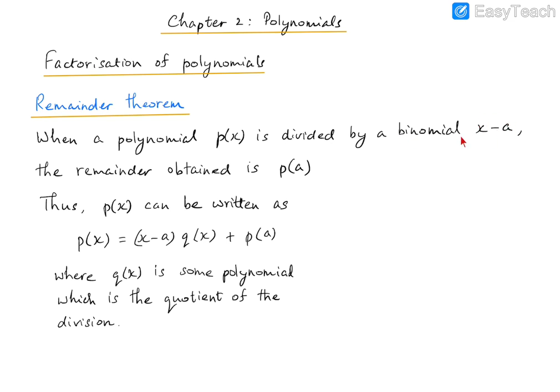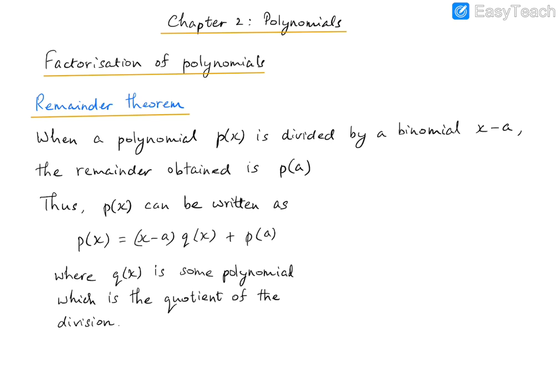This video is going to focus on how to check whether a certain binomial is a factor of the given polynomial or not. In the next video, we will actually see how to factorize the polynomial and obtain lower degree polynomials which are factors of the higher degree polynomial.